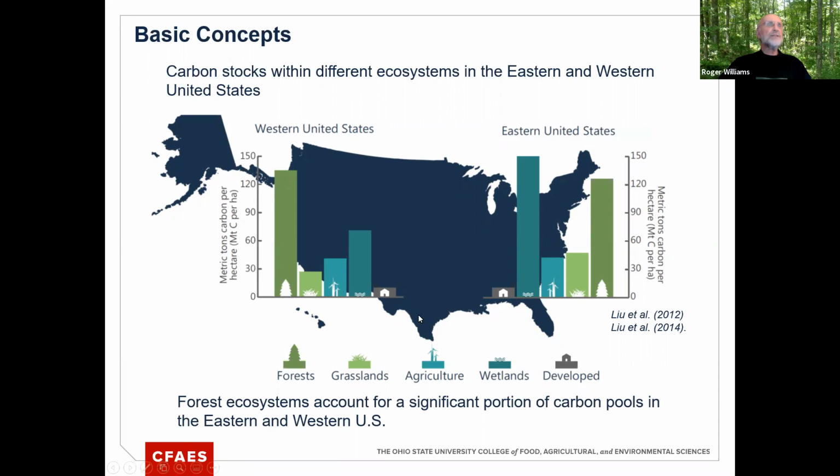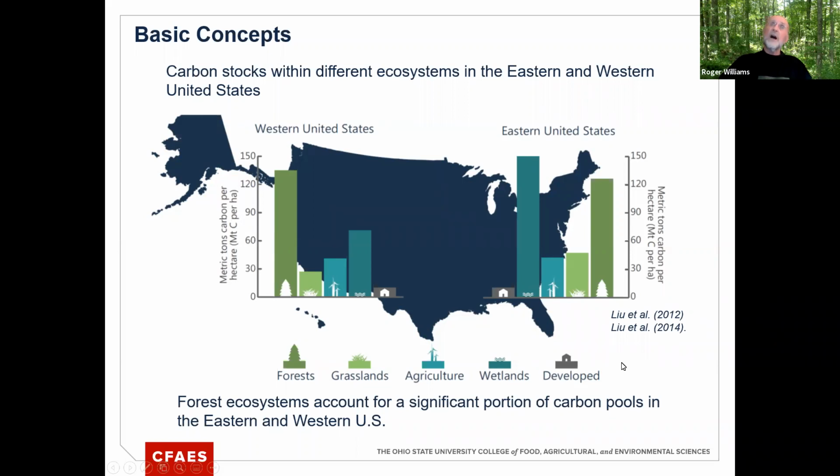So if you take a look at this particular diagram here, we find that forests, whether we talk about the East or the West, are a major carbon pool compared to other different types of ecosystems that we might consider across the landscape, okay?